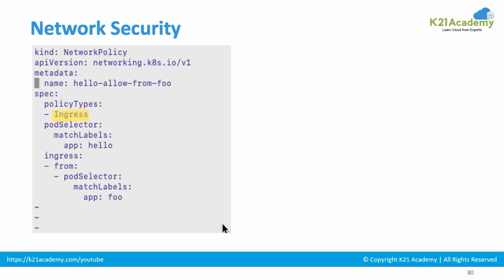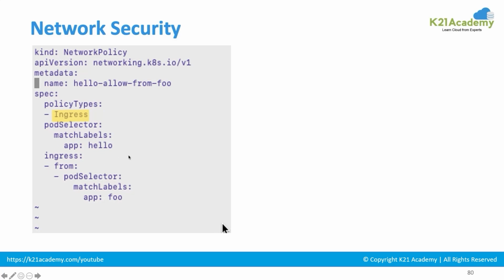So this policy is applicable to the pods labeled app hello. And what is the policy? The ingress policy here specifies that I would allow traffic from pods which are labeled app foo. So only pods labeled app foo can send traffic to pods labeled app hello.